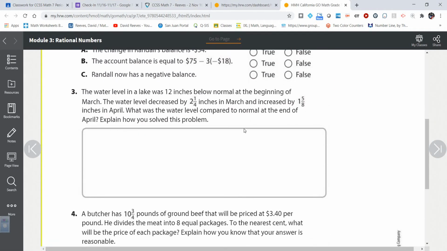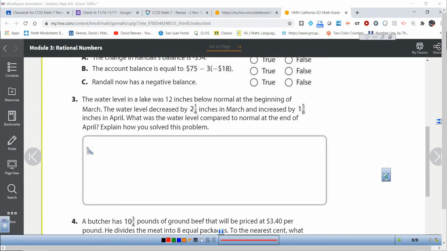How about this one? The water level in a lake was 12 inches below normal at the beginning of March. It decreased 2¼ inches in March and then increased by 1 5/8 inches in April. What was the water level compared to the normal at the end of April? All right, so here, I'm going to make this to symbolize water.